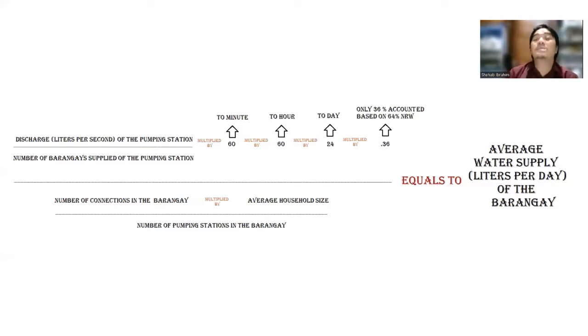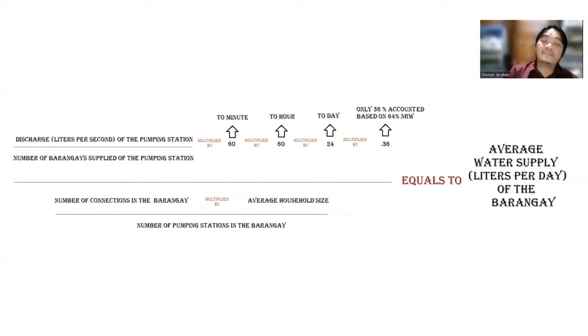So only 36% is accounted, which means that the 64% are probably losses because of leaks and all the illegal tappers or connectors. That is why it is multiplied by 0.36.